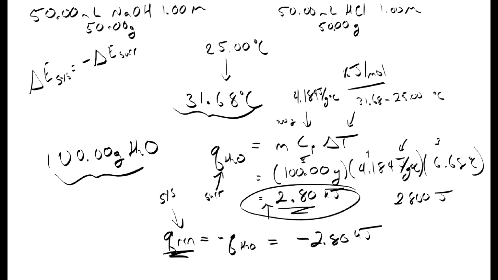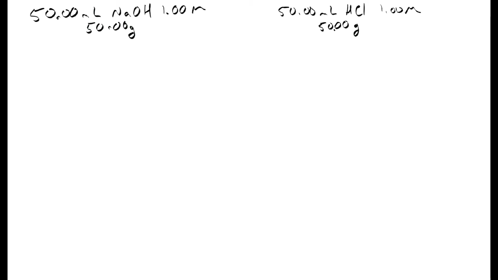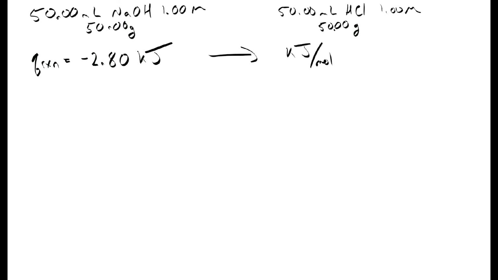But notice the discrepancy in the units. Okay, kilojoules versus kilojoules per mole. That is not a small distinction. Let's go ahead and clear this off real quick. So, Q of our reaction is equal to negative 2.80 kilojoules, but we need to find a way to get to kilojoules per mole.